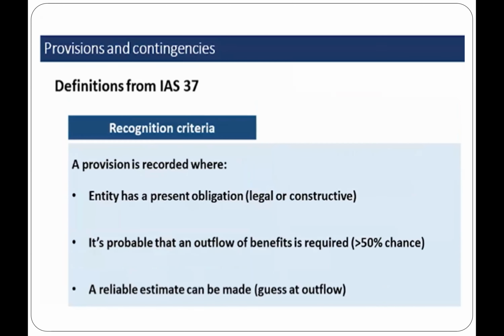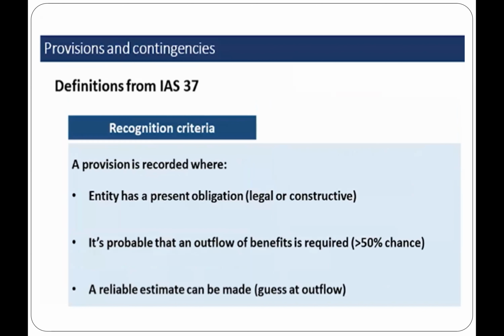Right. So in terms of recognition, when do we recognize a provision? There are certain conditions that must be met before we can decide whether or not a provision needs to be created.